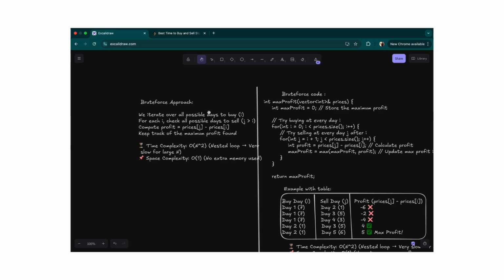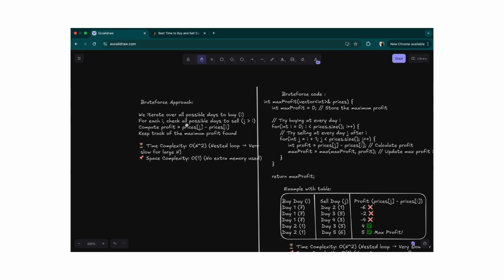So the first approach, I will show you, is the brute force approach. The first approach is quite straightforward: we have to try all possible buy and sell pairs. Okay, so I have a question for you guys, how would you solve this if I asked you to manually check all the possibilities?